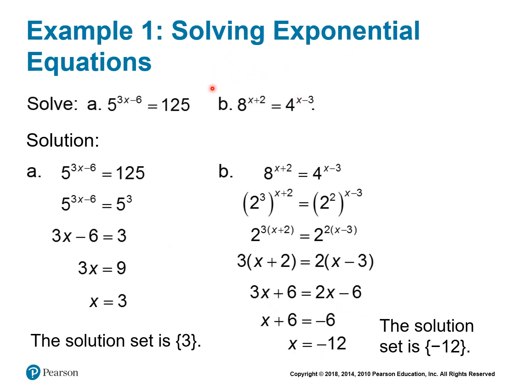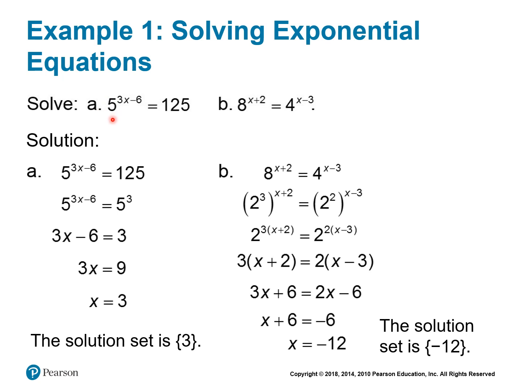So let's look at these two examples here and see how they are using the rule of exponents of equal bases. The first one is 5 raised to the power 3x minus 6 equals 125. At first sight, we see that the bases are different.